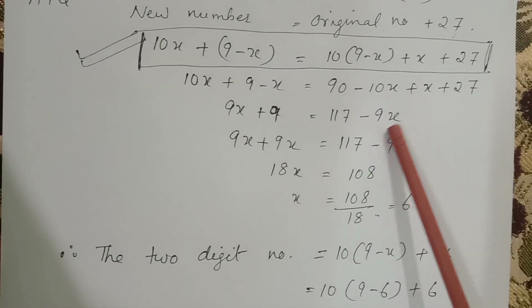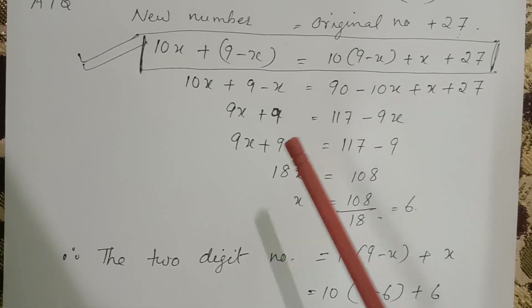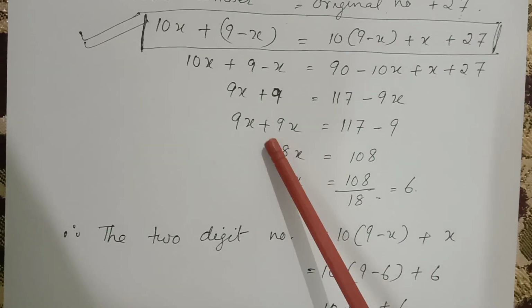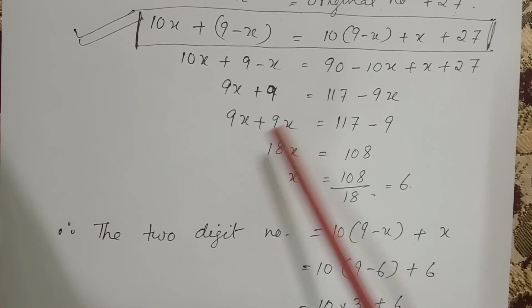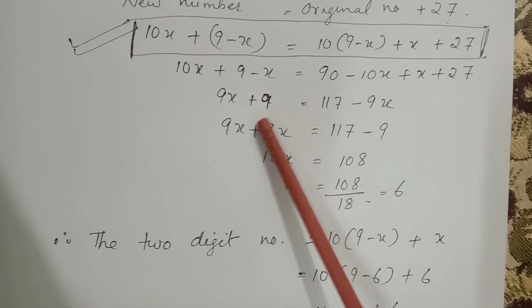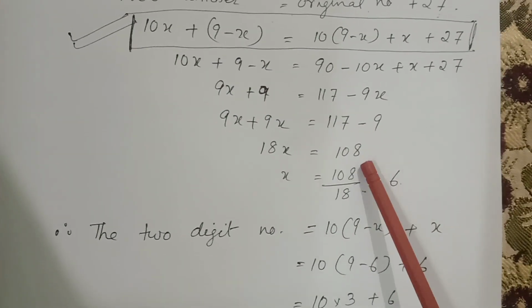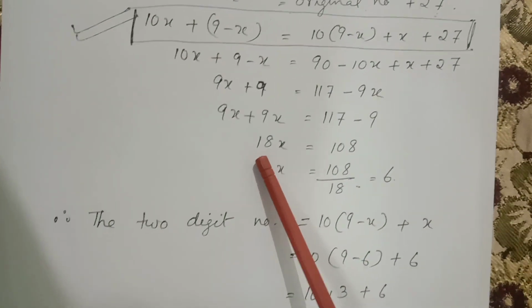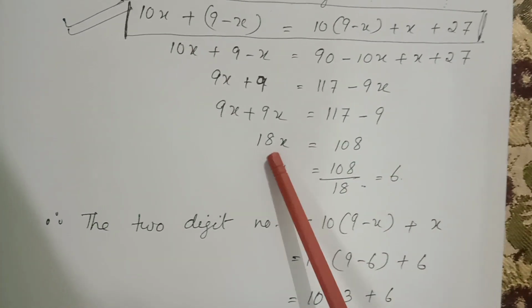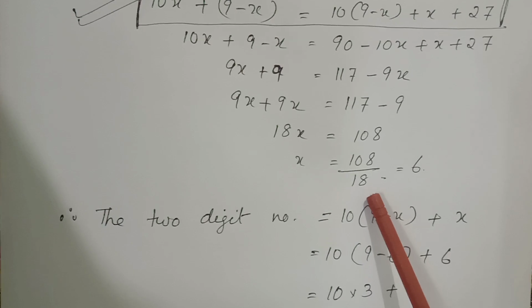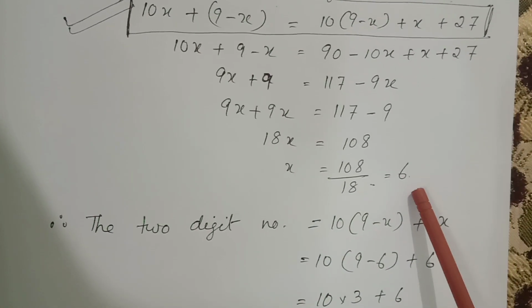We are transferring this minus 9x to the other side. Subtraction will become addition, so 9x plus 9x, and this plus 9 will become subtraction. So it is 108. So 18x is equal to 108, and this multiply 18 will become divide, and we are getting the value of x as 6.